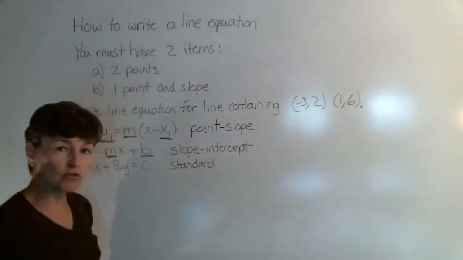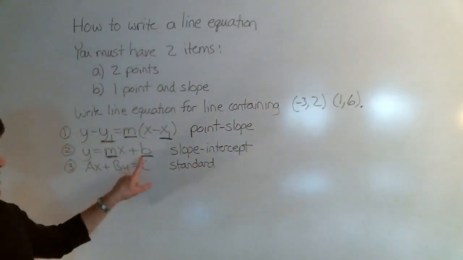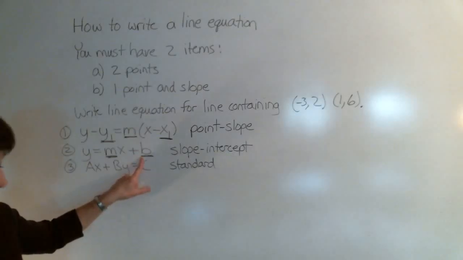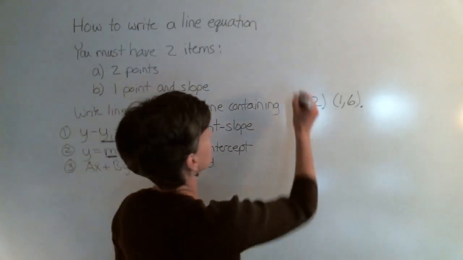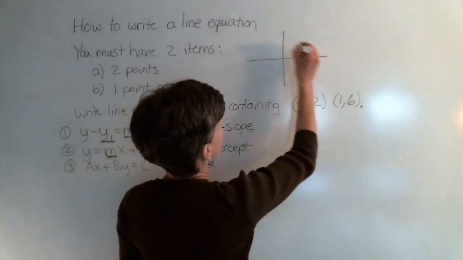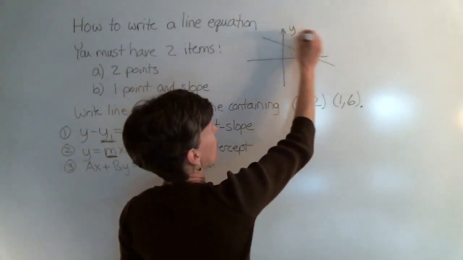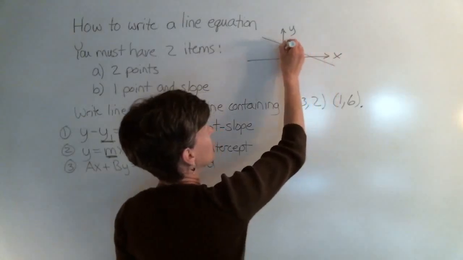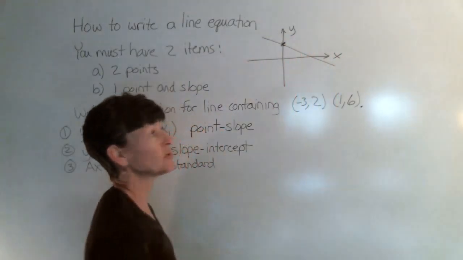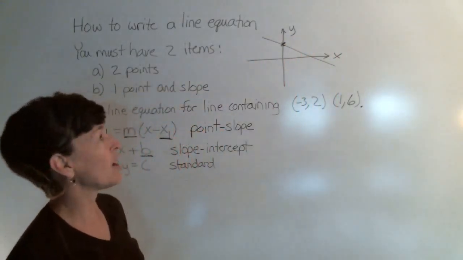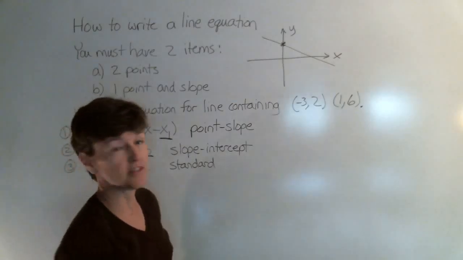Now, my personal preference is to start with this first one, especially with these points right here, because neither of those points is the y-intercept. Now, how do I know that? Don't forget that a y-intercept is where your line crosses the y-axis. If a curve crosses a y-axis, then it has a y-intercept.